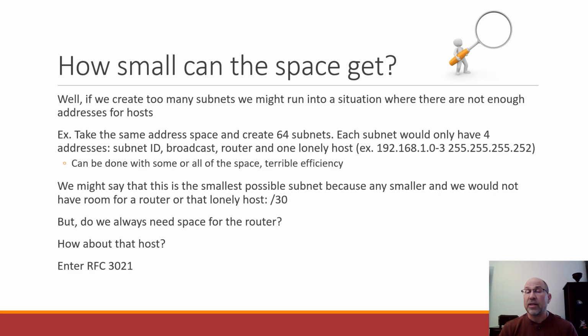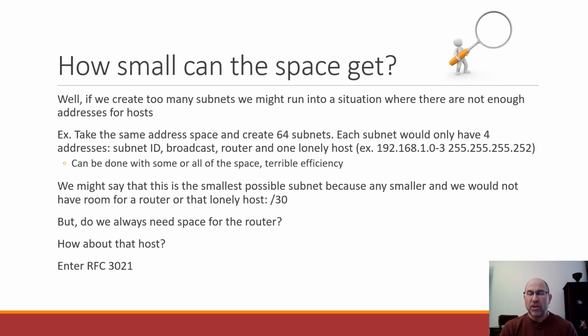If you create 64 possible subnets in a class C, each subnet would have only 4 addresses. One would be for the subnet, one would be for the directed broadcast, one would be for a router, and one would be for one poor, lonely host in that address space. As an example, the 1.0 network to .3 would be the address range in the very first subnet.